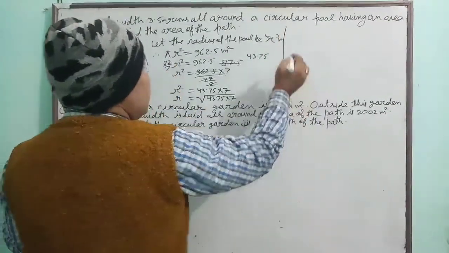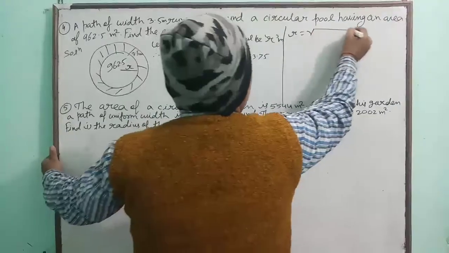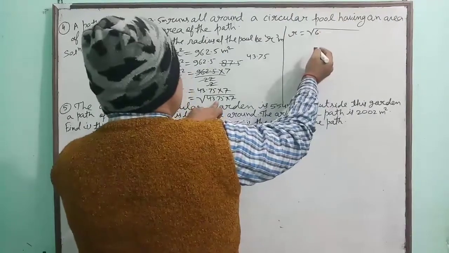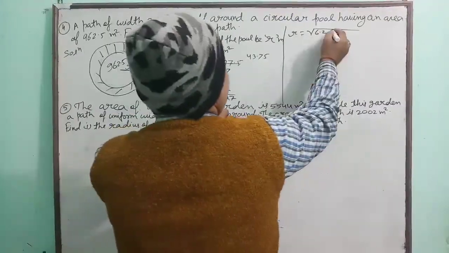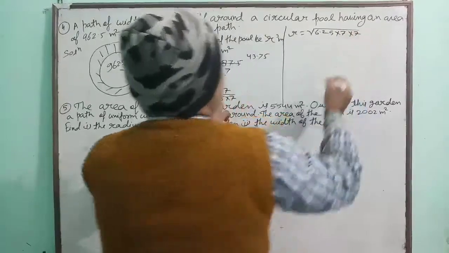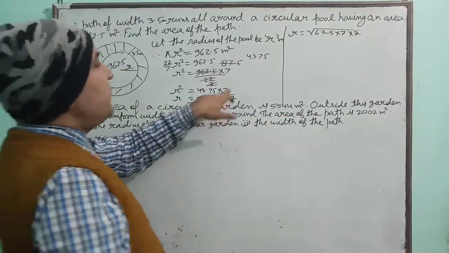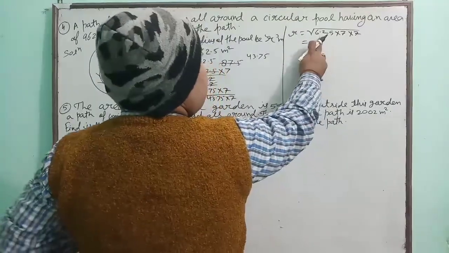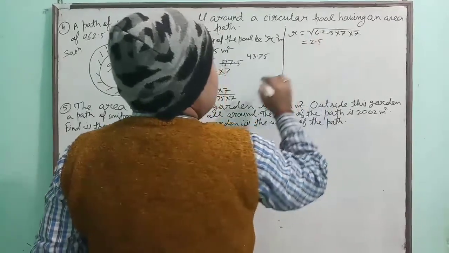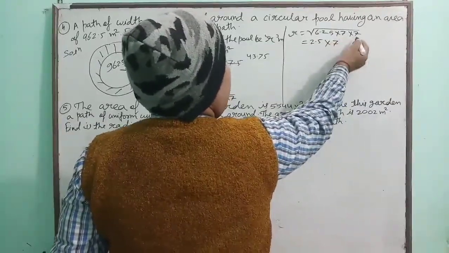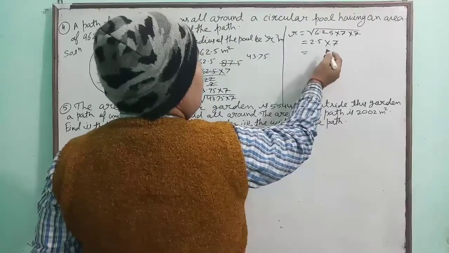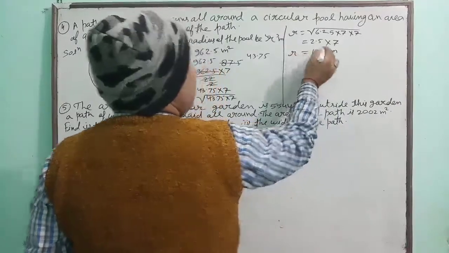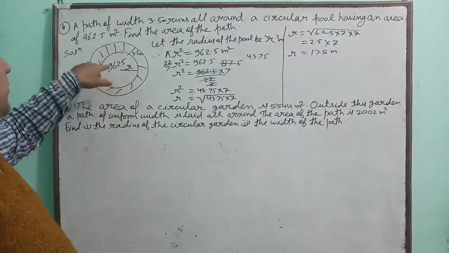This is the calculation trick, children. r is equal to... 43.75 can be broken into 6.25 into 7. Now the square root of 6.25 is 2.5 and here out of the 7 into 7, one 7 will come out. So 17.5 meter is the radius of the pool.